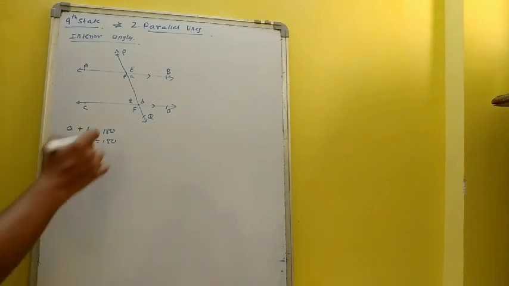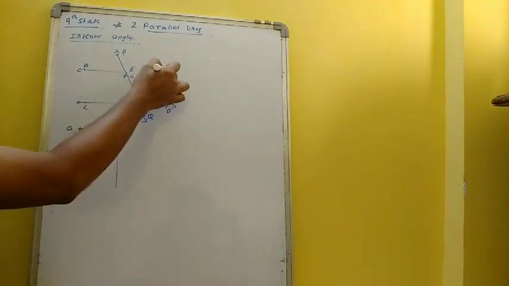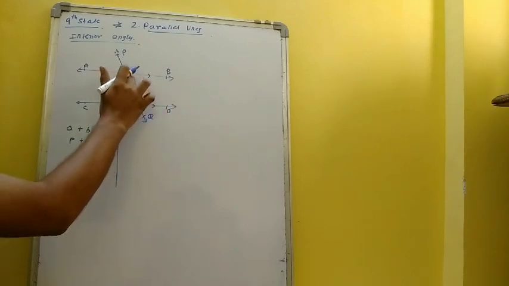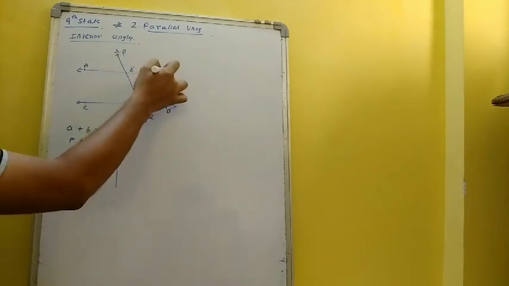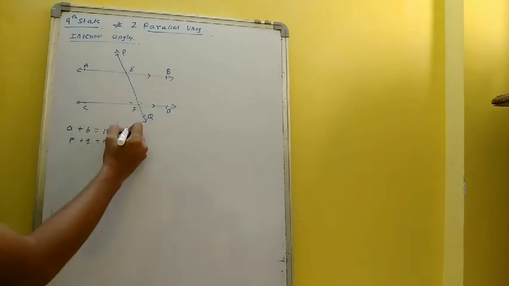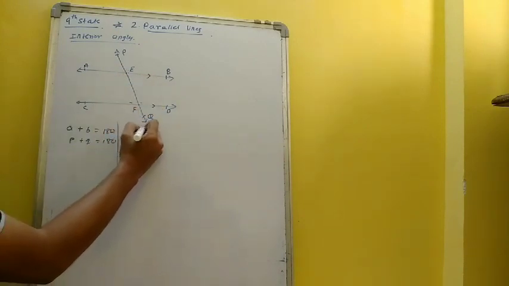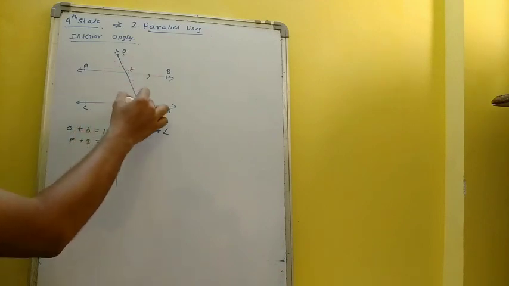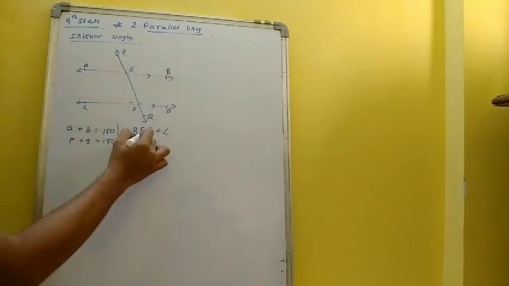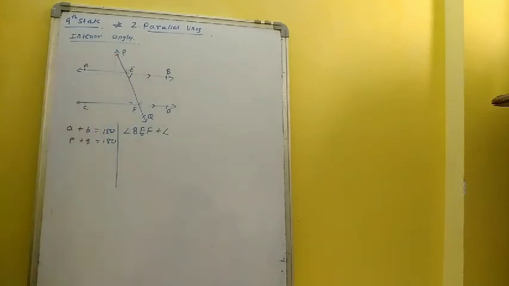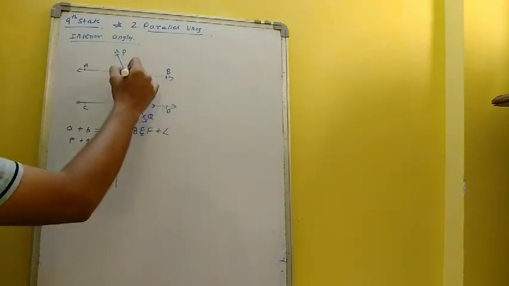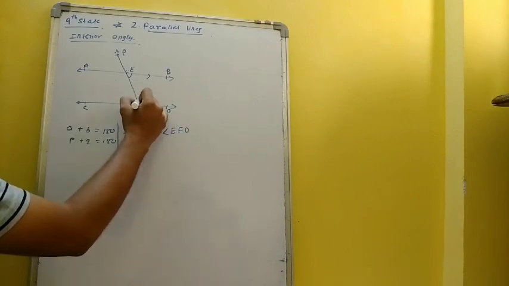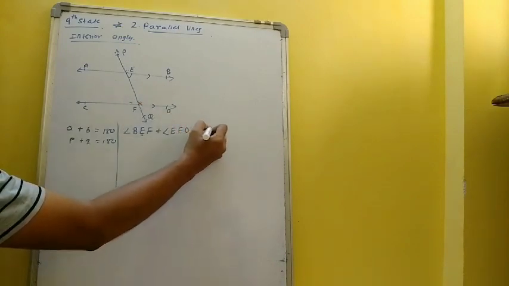If you are asked to name this properly, I can write it as angle BEF plus angle EFD. BEF, the middle letter, denotes this angle, and EFD denotes this angle, is equal to 180.